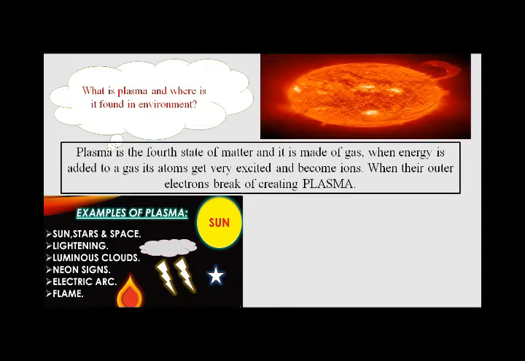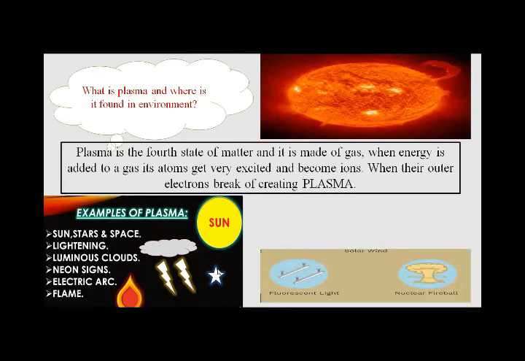Lightning: you can see lightning in the sky during a thunderstorm. Also luminous clouds, neon signs, electric arcs, and flames. You can see the flame on your screen. This is a flame, lightning, sun, stars.